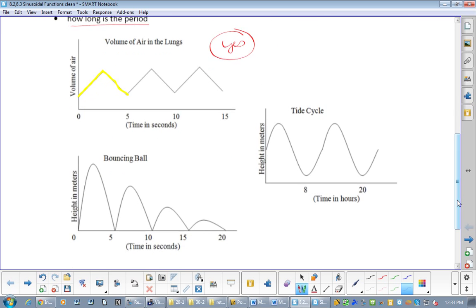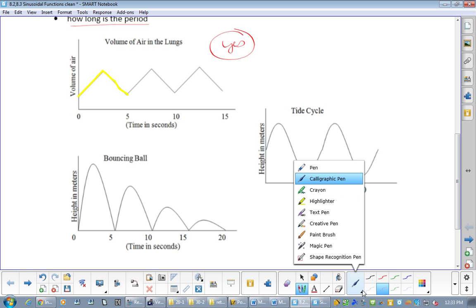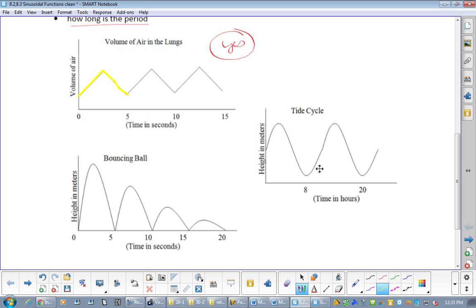Now let's look at the tide cycle here. Now, when it starts, again, I'm going to use the highlighter here. It starts here. Okay, and at this point right here, do you see how it's going to do it again?